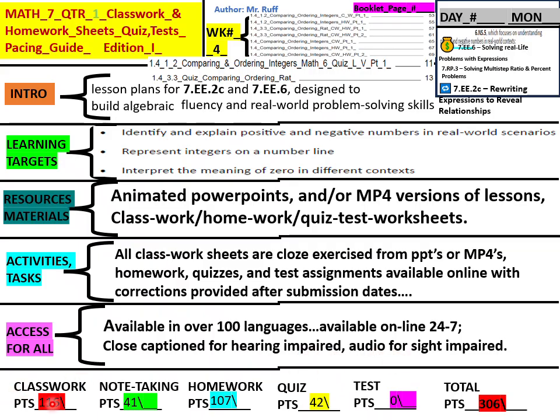We've got 116 classwork points, 41 points for note-taking, 107 points for homework, 42 quiz points, 0 points for testing, and the total is 306 points for Week 4 of Math 7 Quarter 1.